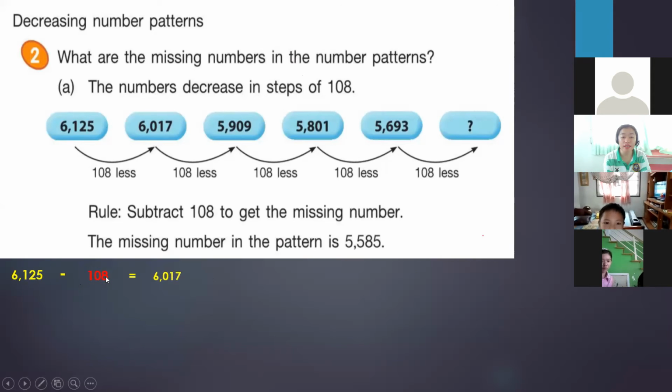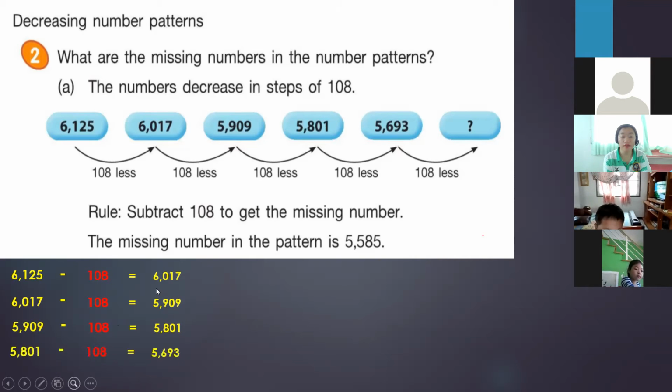So we have 6,125 minus 108 is equal to 6,017. And next we have 6,017 minus 108 is equal to 5,909. And 5,909 minus 108 is equal to 5,801.